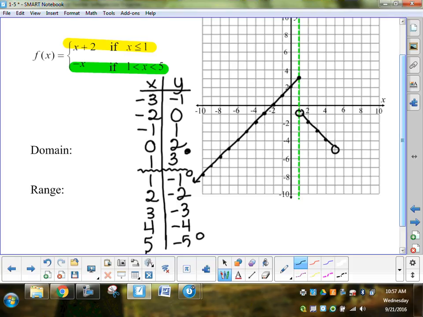Christina, what is our domain going to be on this? Put a bracket at 5. Doesn't include it. How about our range?